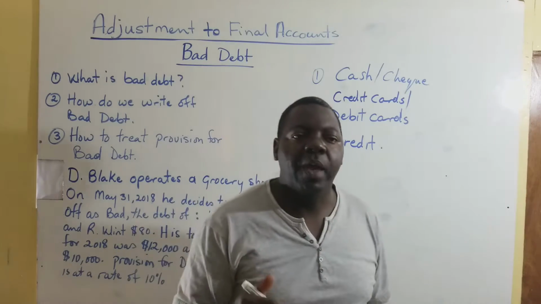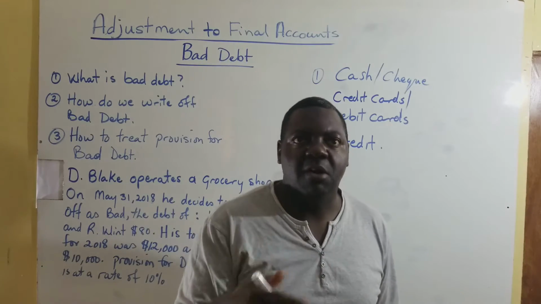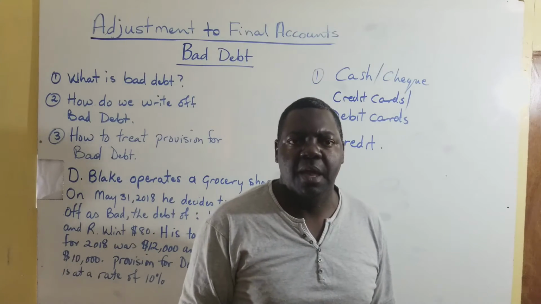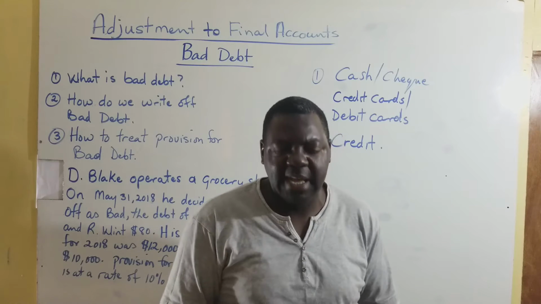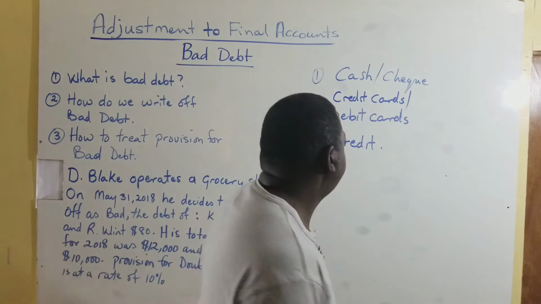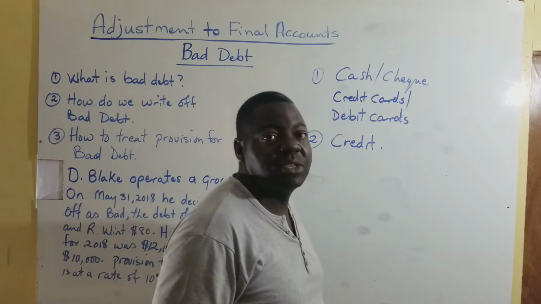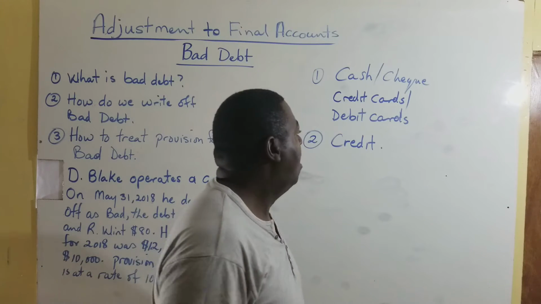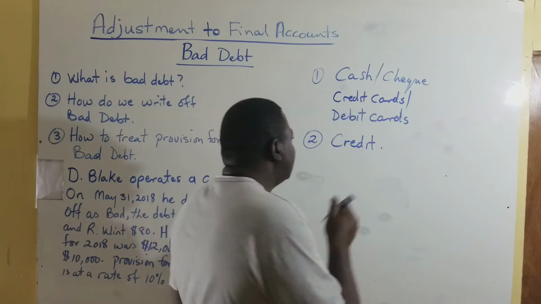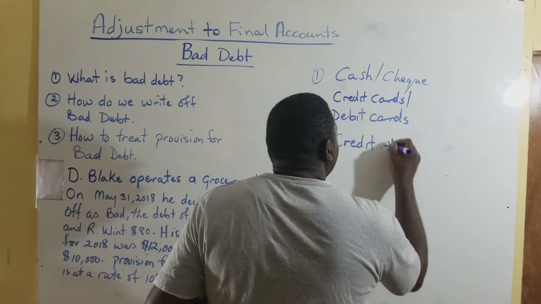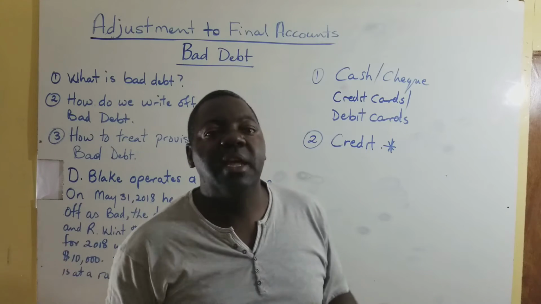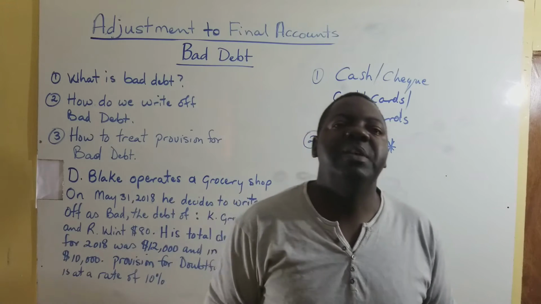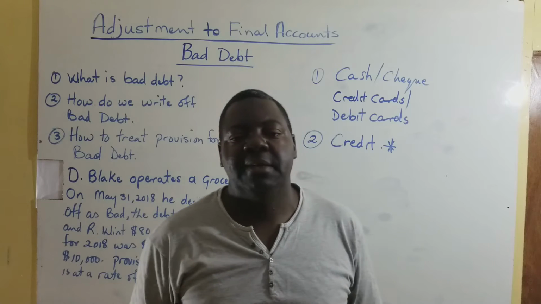Transactions where we are buying or selling goods and are being given the privilege to pay at a later date. So, referred to as credit transactions. Now, this is the type of transaction that really lends itself to businesses incurring debt.